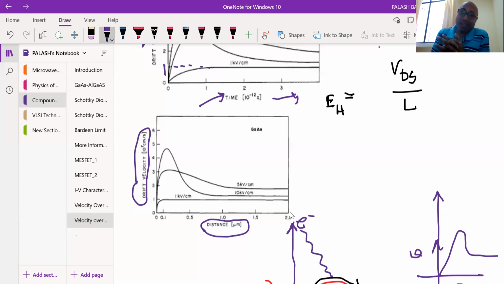Now, can you fabricate a very small version of MESFET? Very, very small. You can easily fabricate a long channel MESFET and achieve some level. But the problem is that if you try to fabricate for 800 gigahertz with a small device, it would be really problematic, right?